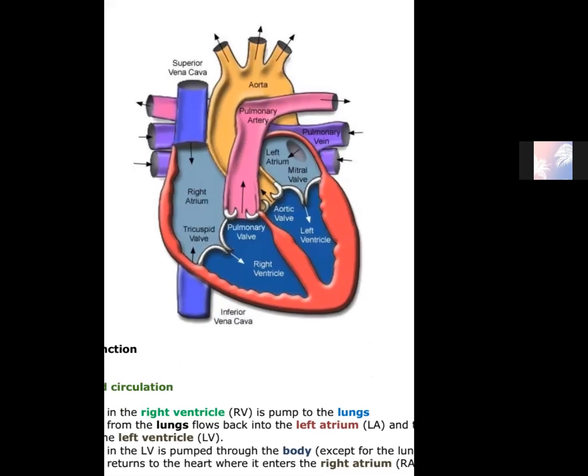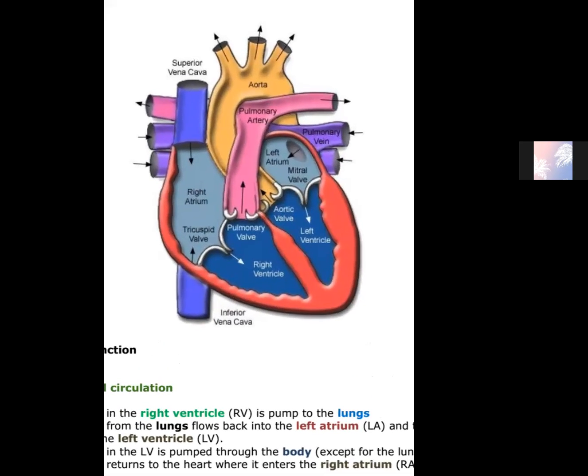In this diagram, you can see the aorta and the aortic valve, the pulmonary artery and the pulmonary valve, left ventricle, left atrium, right ventricle, right atrium. Between the right atrium and right ventricle is the tricuspid valve.